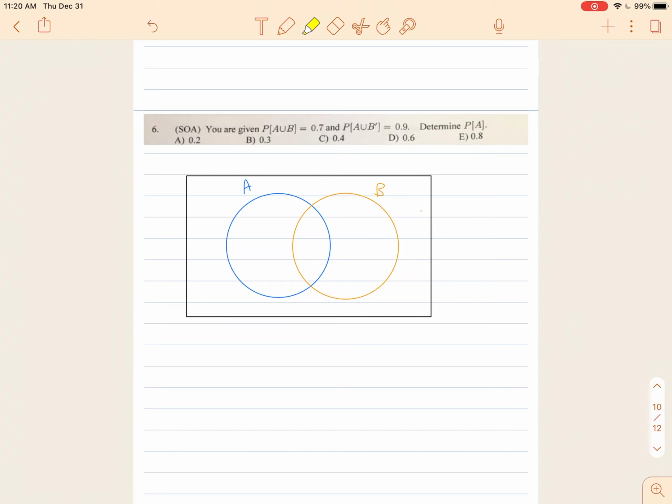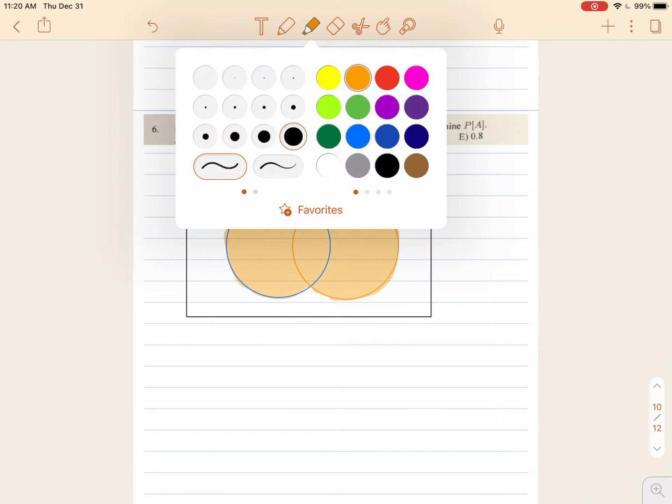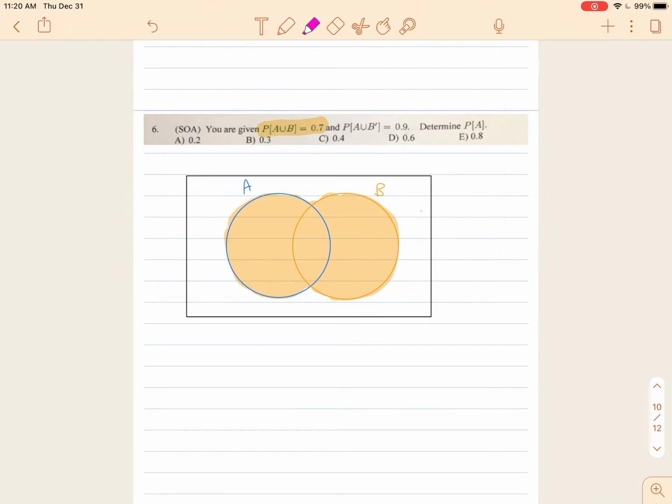Now, we know that probability of A union B equals 0.7. And so that is the union. So we've been highlighting before in other problems. So this orange part that I'm going to highlight totals to be 0.7. All right? And then we also are given that the probability of A union B complement is 0.9.